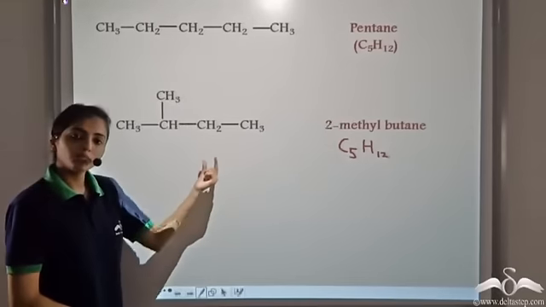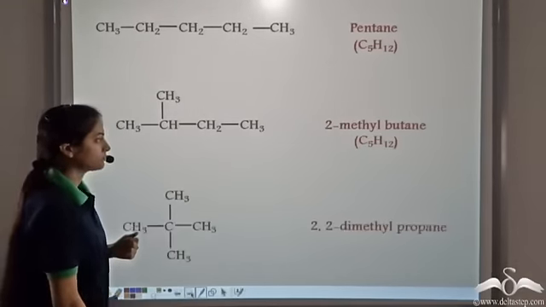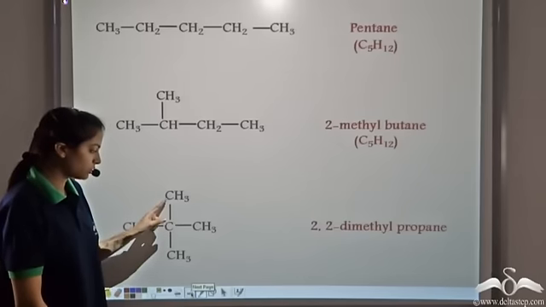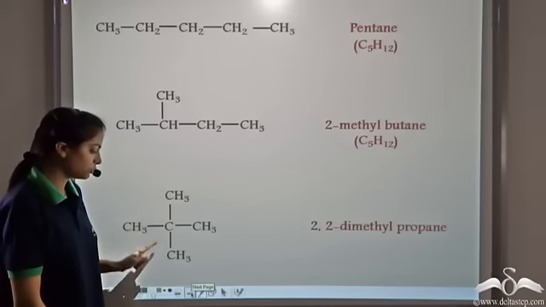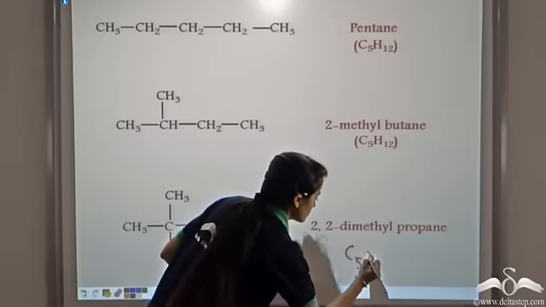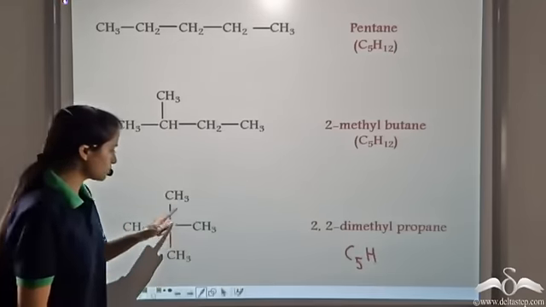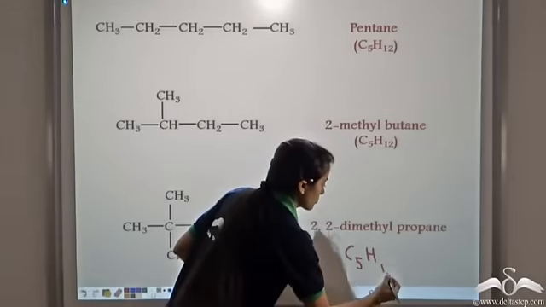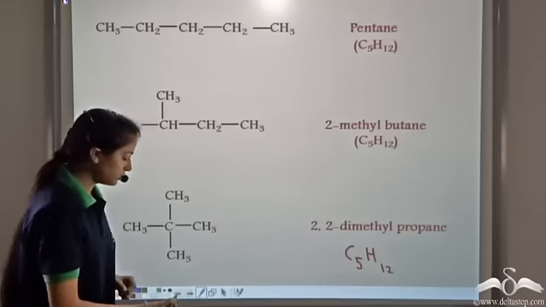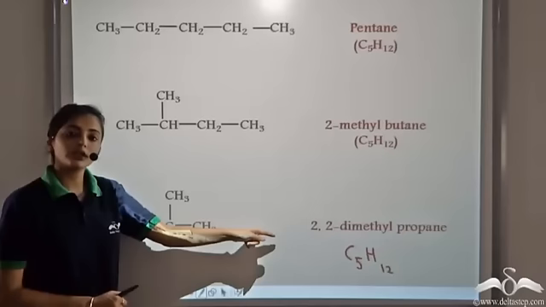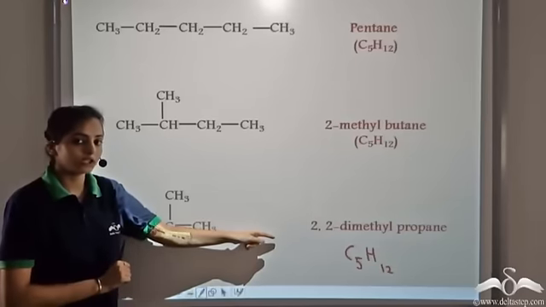Now, if we again move one methyl group and place it like this, then this time we count 5 carbon atoms and 12 hydrogen atoms. So in the three cases, you observe that the molecular formula remains the same, that is C5H12.